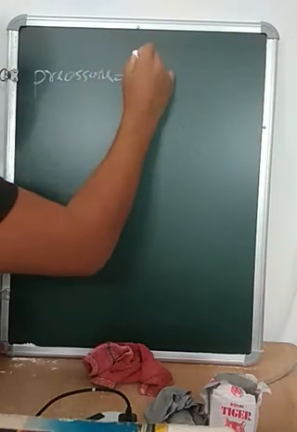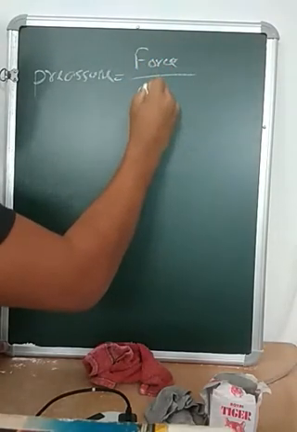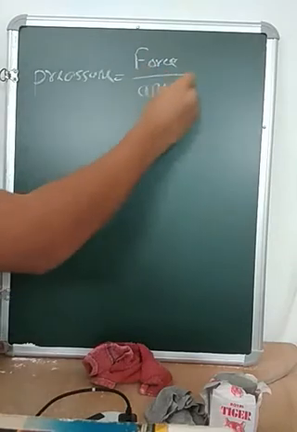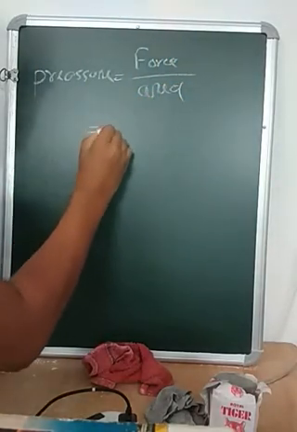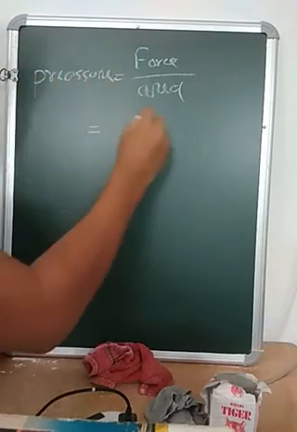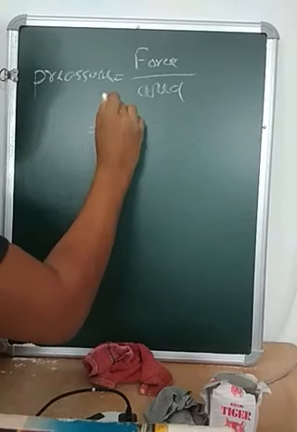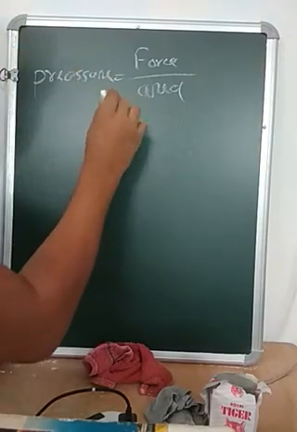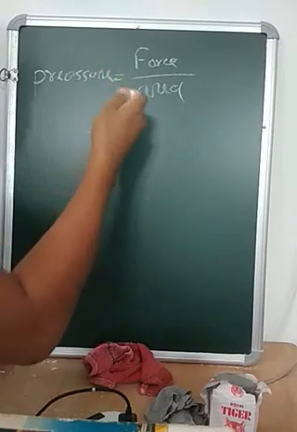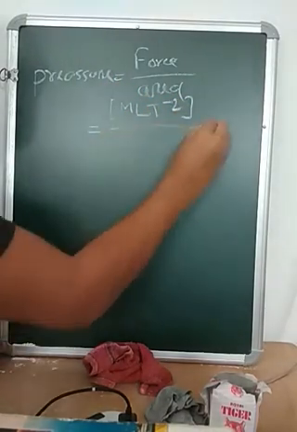We know that pressure is force per area. Here we know what force is. Force is mass into acceleration, and we have already obtained the dimensional formula for force. What is it? M L T to the power minus 2.